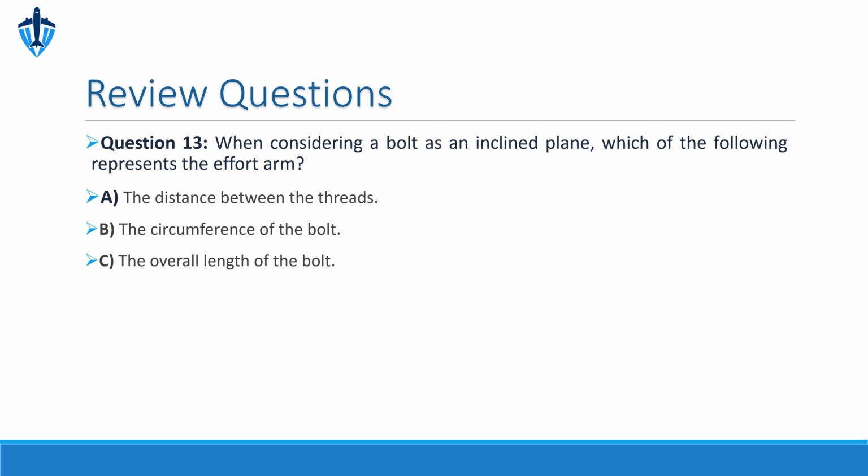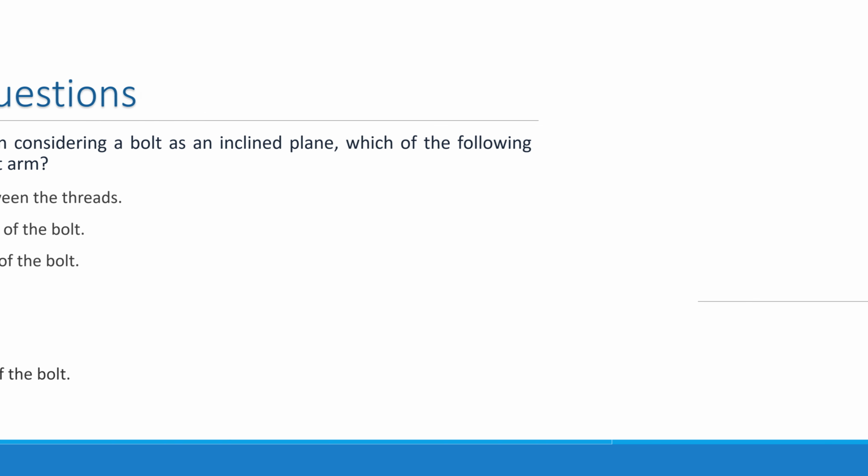This distance is the space between consecutive threads, also known as the pitch of the thread. So, for a bolt acting as an inclined plane, the circumference of the bolt represents the effort arm, allowing a rotational force to be converted into a linear force, thereby providing mechanical advantage. The correct answer is B.